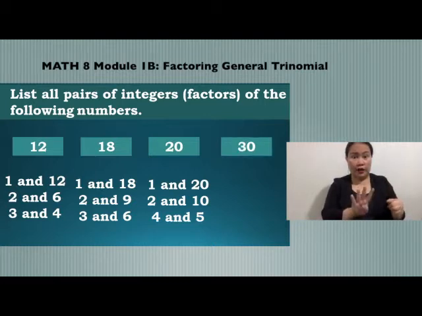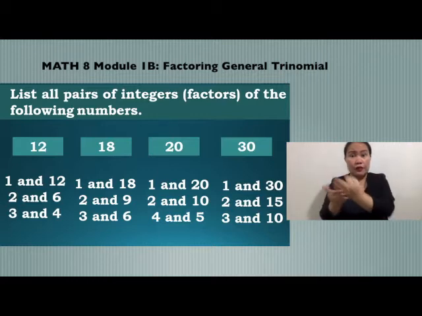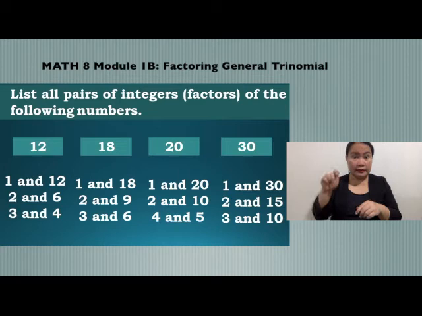For 30, we have 1 and 30, 2 and 15, 3 and 10. So these are just examples, okay? Na gagamitin natin mamaya in factoring general trinomials. Okay, so a quadratic trinomial is just part of or an example of general trinomials.